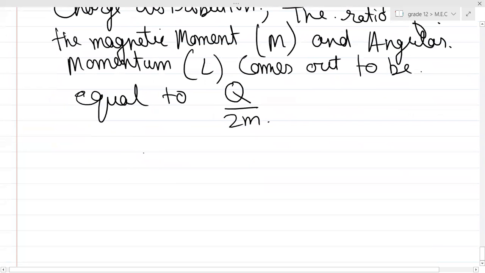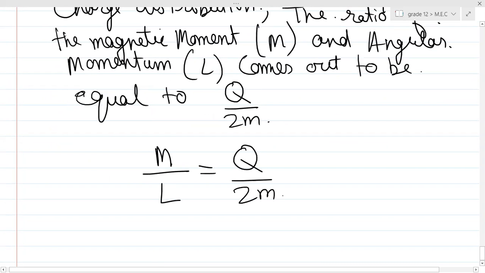Always remember, for any symmetric body or for any symmetrical charge distribution, the ratio of magnetic moment to angular momentum comes to be q by 2.